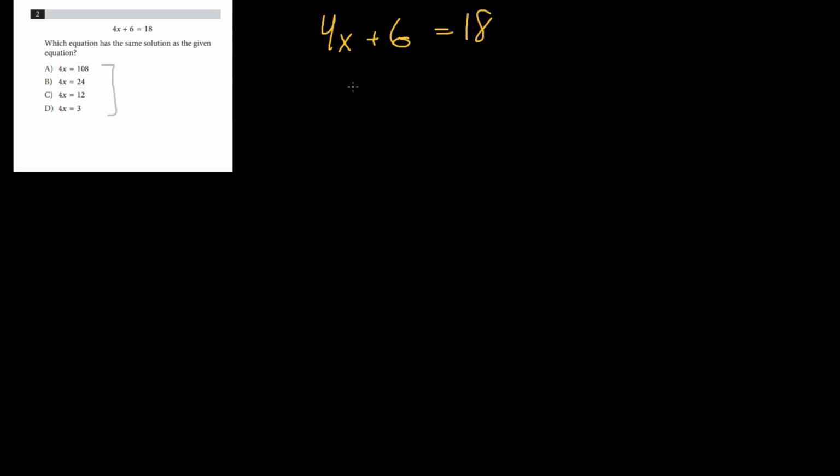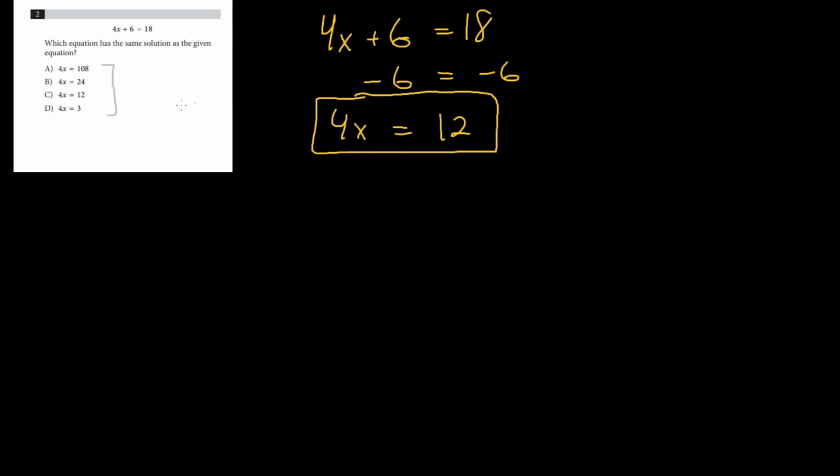So what we need to do is isolate 4x. So if we subtract 6 from both sides, minus 6 and minus 6, then we get 4x is equal to 18 minus 6 is 12. So now we have 4x isolated right here. So we can see that the answer is C.